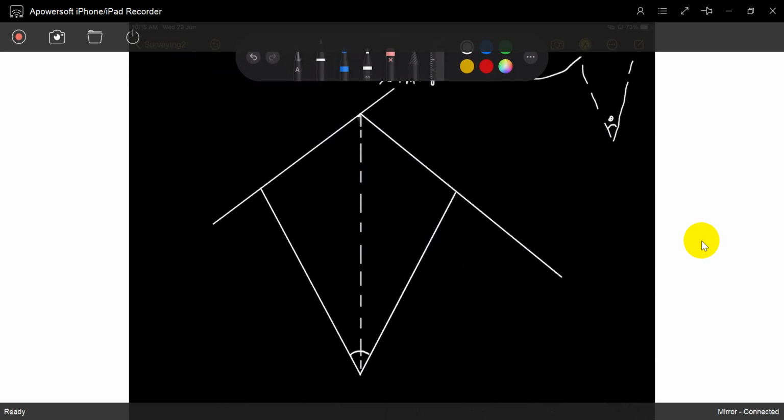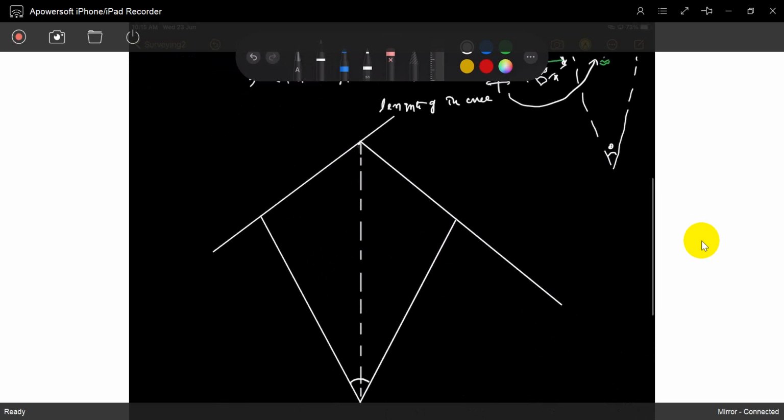Okay, see, this is the angle of deviation. This is the point of curvature, T1. This is the point of tangency, T2. We have to set up the curve. How can we set the curve? That is our question.